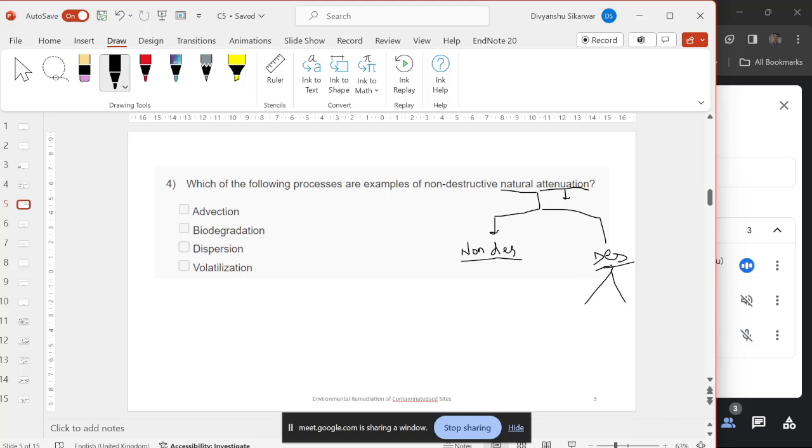So those methods come in destructive, and in non-destructive we have methods such as advection, volatilization, sorption, dispersion.